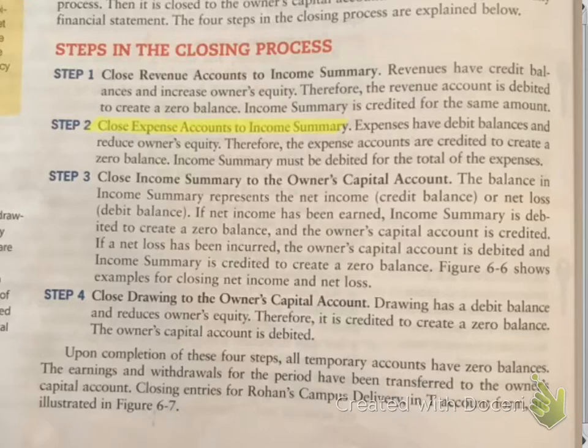Closing expense accounts means bringing them to a zero balance. Expense accounts have debit balances. So to close them, you're going to need to credit each expense account for whatever its balance is, and the debit for all of those expenses will go to income summary.